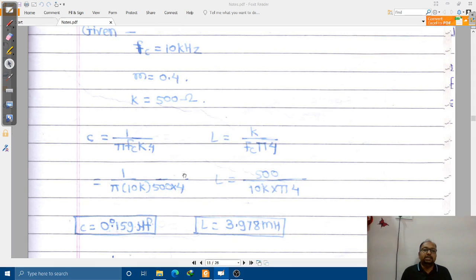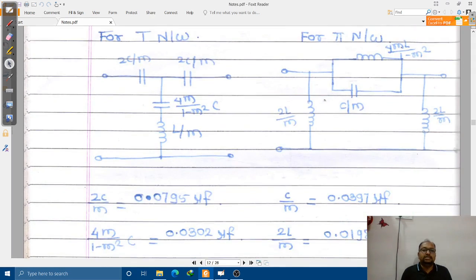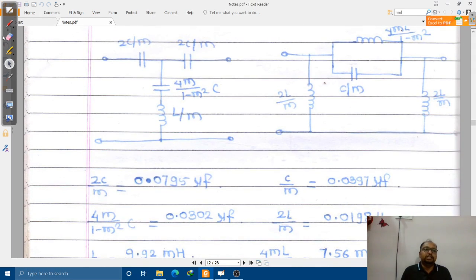Now let us compute for T and pi networks. These are the corresponding equations or values of the T network. So over here we are going to design the T network. 2C divided by m, we find first, and that is coming as 0.0795 microfarads.